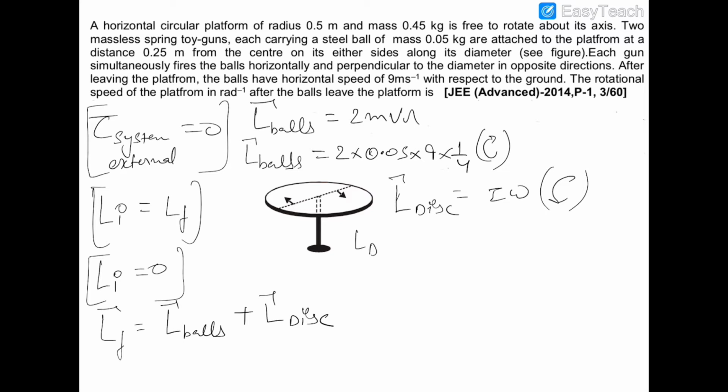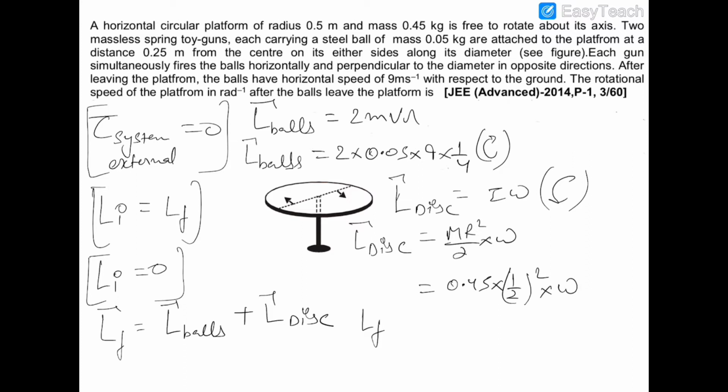So L disk would be equal to I omega, where I of the disk is m r square by 2 into omega, and m of the disk is given as 0.45, its radius is 1 by 2, and its angular velocity is omega, which we have to find out.